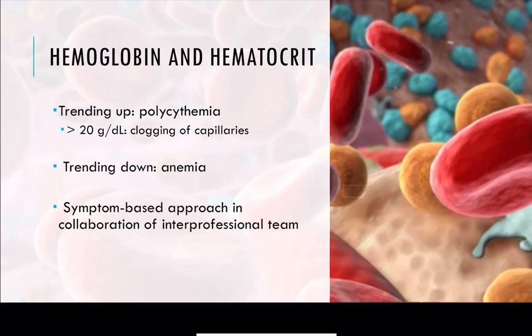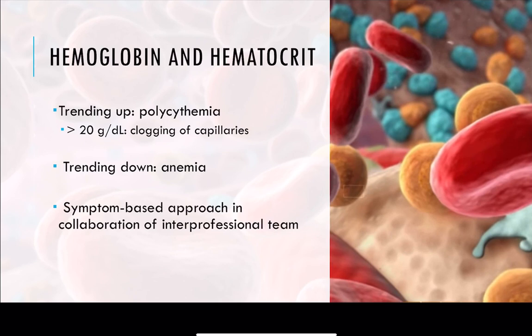All right, so let's look at the changes to these two again. I jumped into if hemoglobin is low, but there is a chance they could be high. When hemoglobin and hematocrit are elevated, it's called polycythemia, and the clinical cutoff is when it's greater than 20 grams per deciliter.